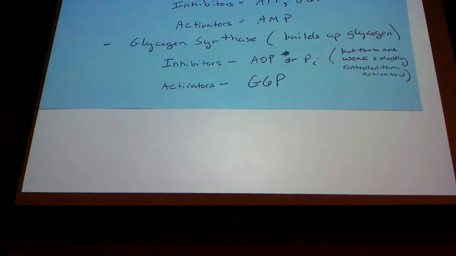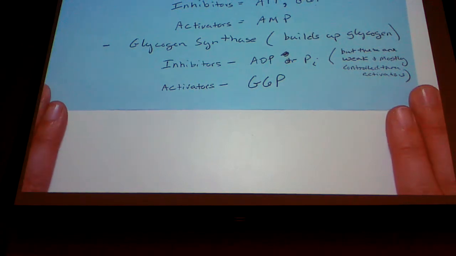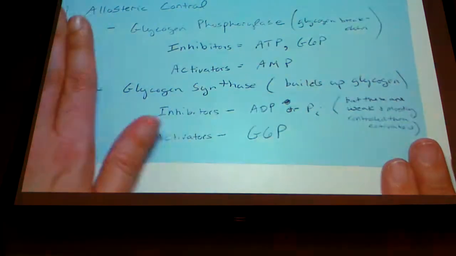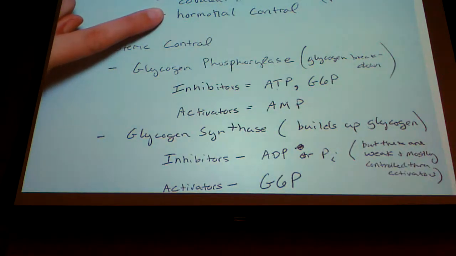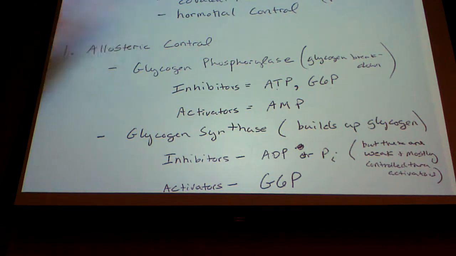Good, but no. Close, but no credit. So that's the allosteric control. Allosteric control is easy. We're going to do covalent modification next. That is not easy. That is a whole phosphorylation kinase cascade map with opposing phosphatases, so we're definitely going to wait.